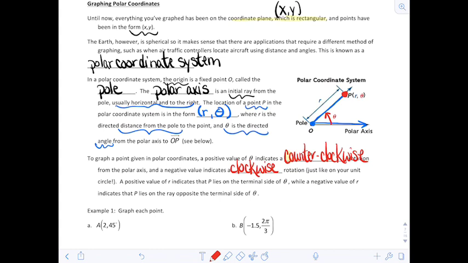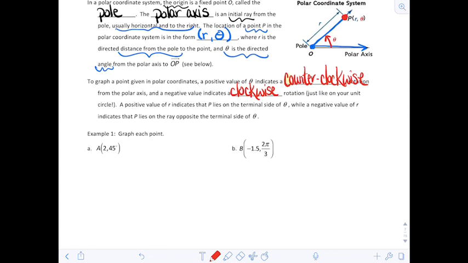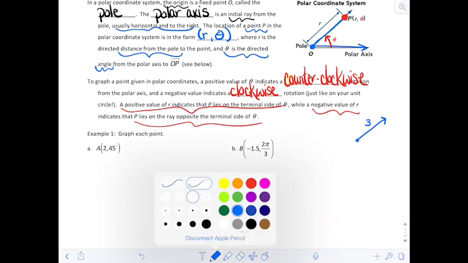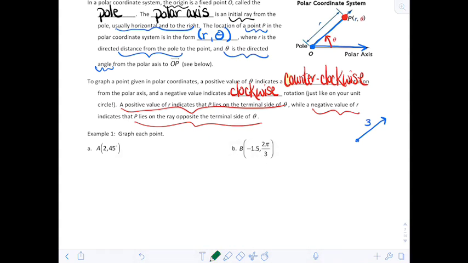Now let's talk about r. A positive value of r indicates that the point P will lie on the terminal side of theta, directly on that ending terminal side. But a negative value of r indicates that P would lie on the ray opposite the terminal side of theta. If you think back to when we were doing vectors, if we had a vector with a magnitude of 3 going in this direction, well, if we have a magnitude of -3, it's going to be a vector just as long in the opposite direction.